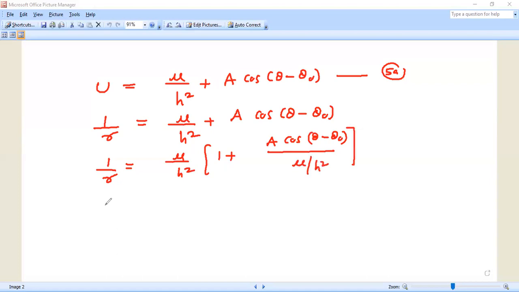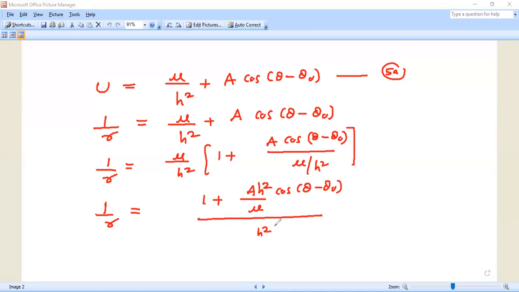Then we can write 1 plus, here h square goes to the numerator, A h square by mu cos of theta minus theta naught, whole divided by h square by mu. Say this is equation 5b.